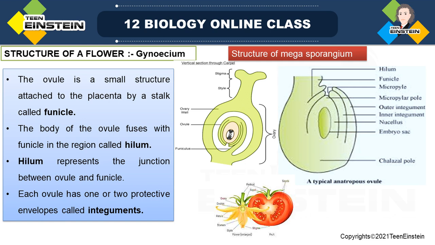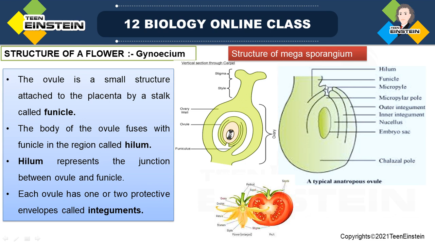Each and every ovule has one or two protective envelopes. The protective covering of the ovule is called the integuments.